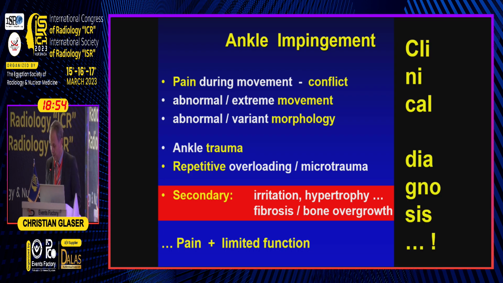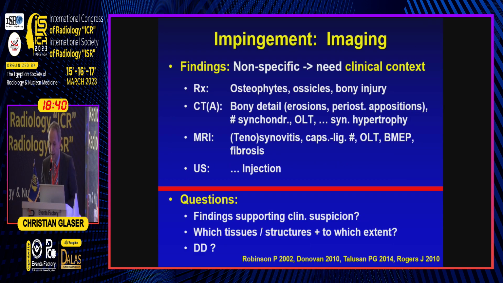And we have to bear in mind that impingement is a clinical diagnosis. It is at least a clinical suspicion. And without that clinical suspicion, our imaging findings often are non-specific, so they need that clinical context.